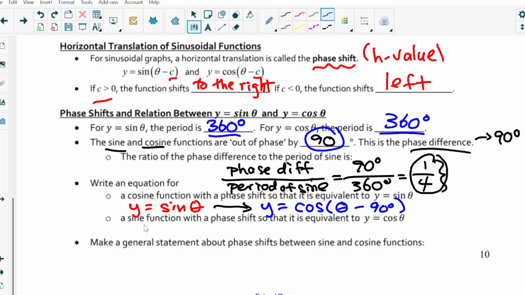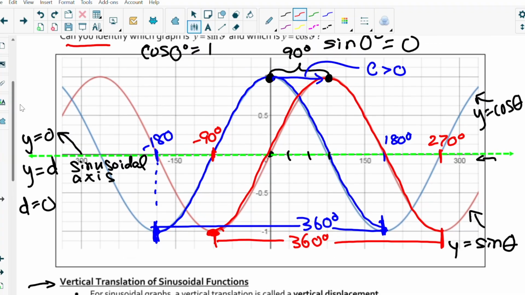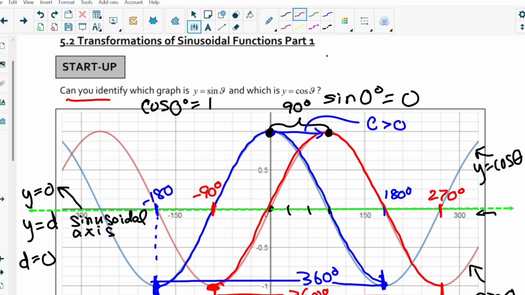Write an equation for a sine function with a phase shift so that it is equivalent to y equals cosine of theta. What is the equivalent graph in terms of sine? y equals sine of theta minus c. What is that phase difference? Now instead of going to the right, we need to go to the left.